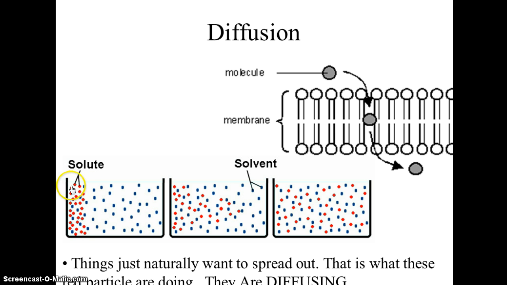Now, if you have solute that's concentrated on one side of this container, just through the natural action of molecules and atoms as they vibrate and move around in that solution, you will eventually get those solute molecules spreading out so that they are equally distributed throughout that solution. They reach an equilibrium.